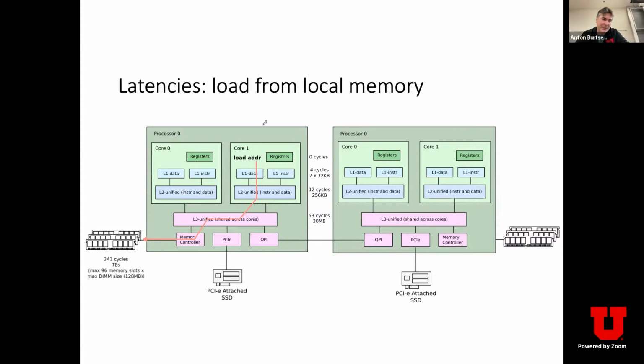Roughly on this machine, it was 241 cycles. Dell sells you a motherboard with 96 memory slots. And back then, the max DRAM was 128 megabytes by 96. That will be your number. So it puts you in tens of terabytes, right? That's not bad. Today, probably this number is even more.